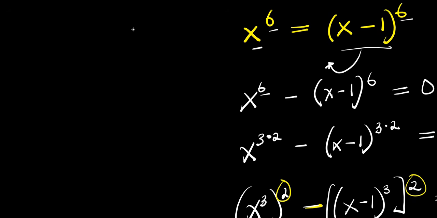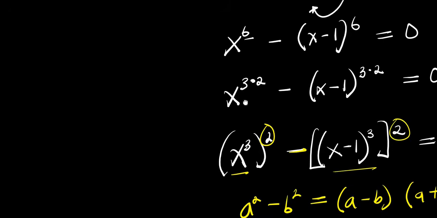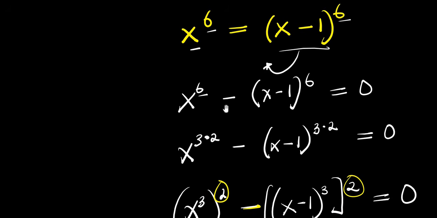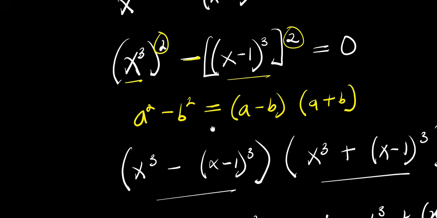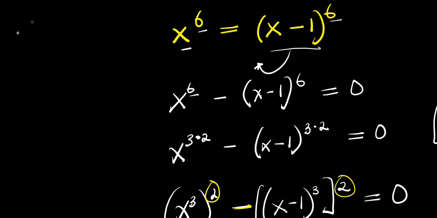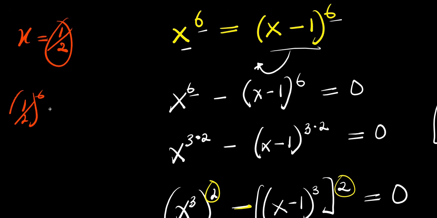But if we consider the real and the complex solutions, we can consider the real solution. The real solution here is x equals 1/2. If you insert it here, you have (1/2)^6 equals (1/2 − 1)^6.